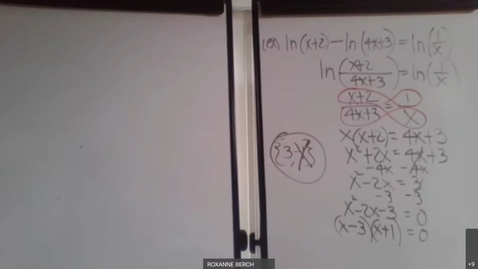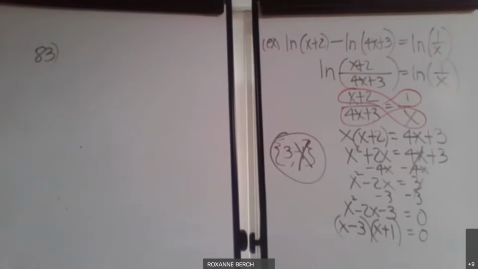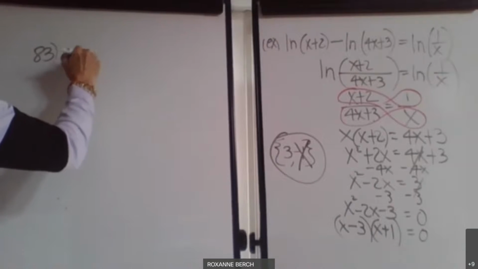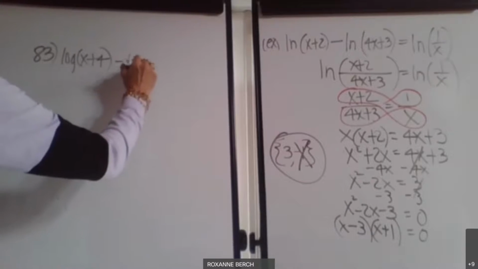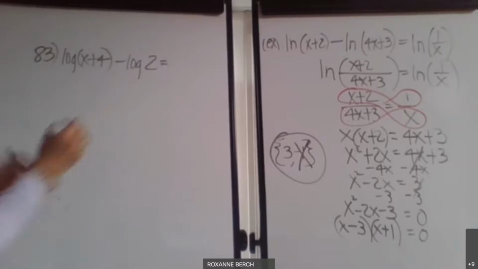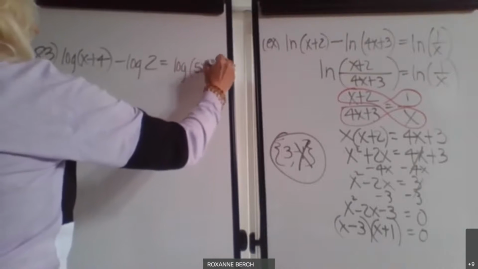I'm going to work problem number 83. So you have log base 10 of x plus 4 minus log base 10 of 2, and it's equal to log base 10 of 5x plus 1.